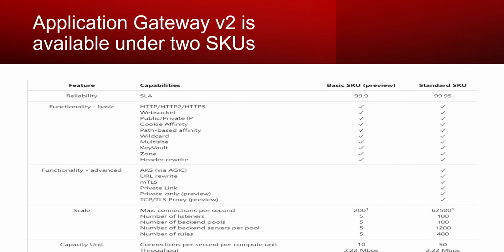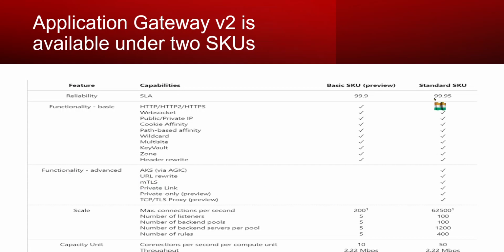So there are two versions in application gateway. I can say basic and standard. If you see over here, it depends upon the functionalities. The basic functionalities over here, you can see HTTP, HTTP2. So what all things it supports, and functionality in advanced.